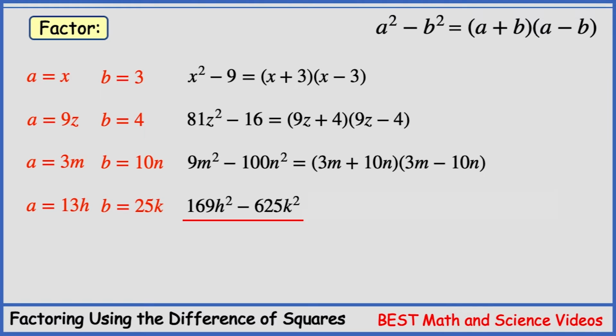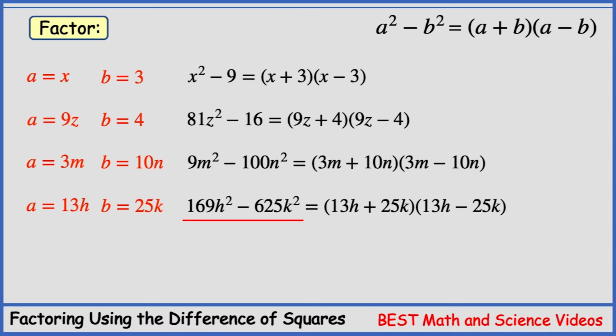And b equals 25k, because 25k squared equals 625k squared. So the expression can be factored as 13h plus 25k times 13h minus 25k.